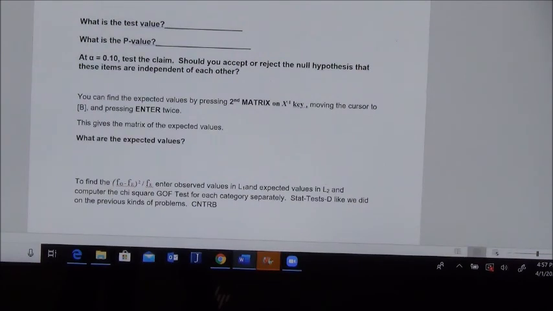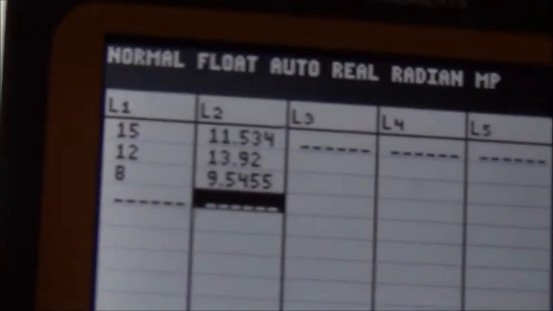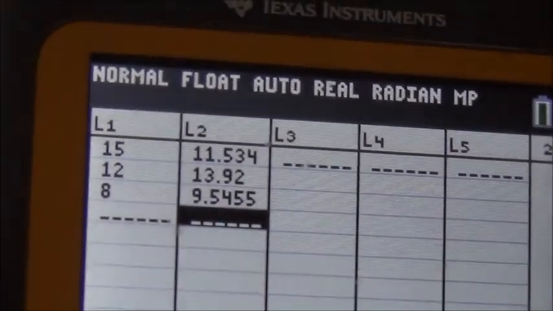And then on my list 2, I'm going to do the observed values that I just wrote down. So 11.534, 13.92, and 9.5455.